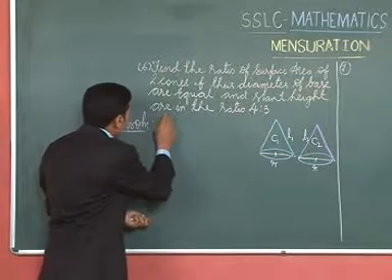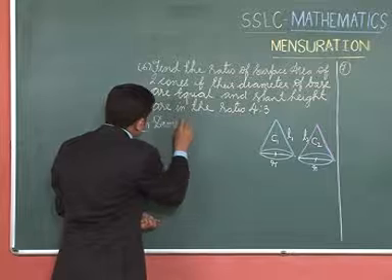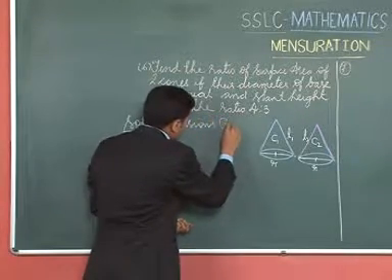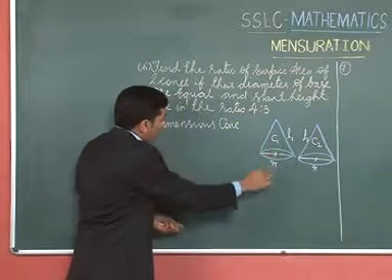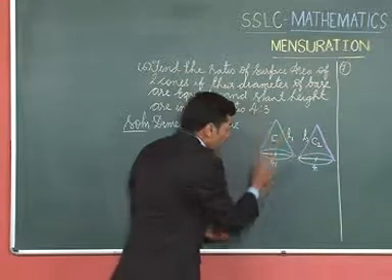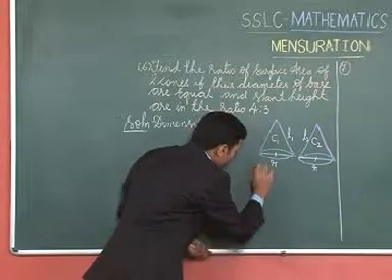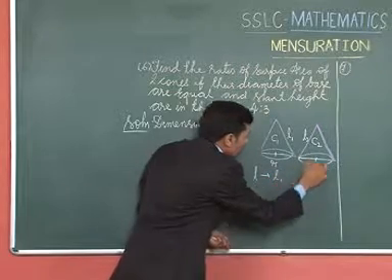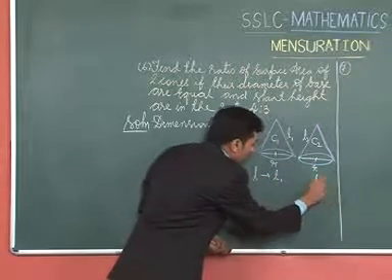So let us write it down. So dimensions of the cones. For cone 1, radius is r and radius is r for cone 2. Now slant height L. For cone 1, it is L1 and for cone 2 it is L2.